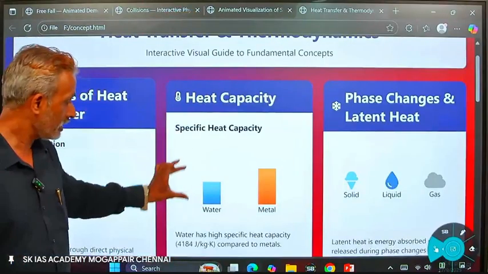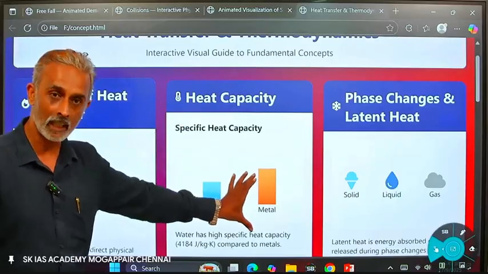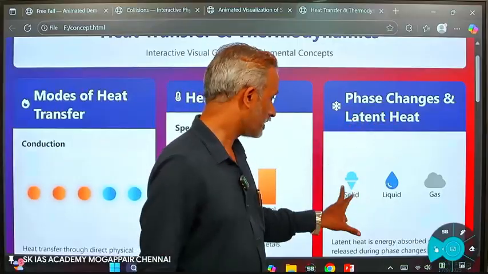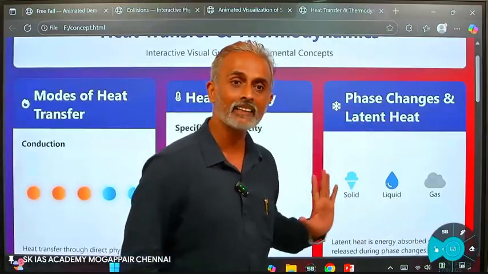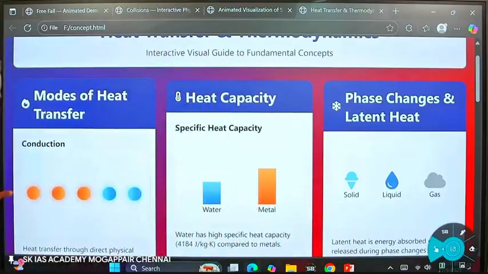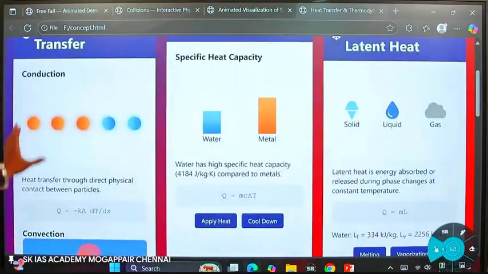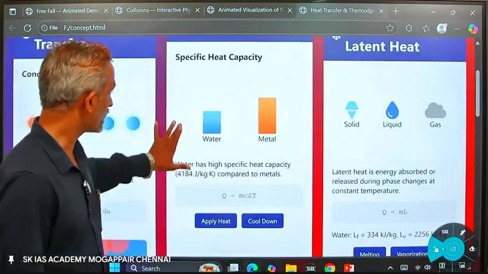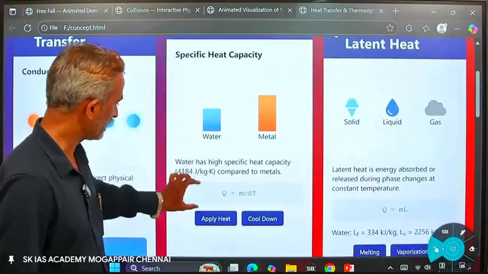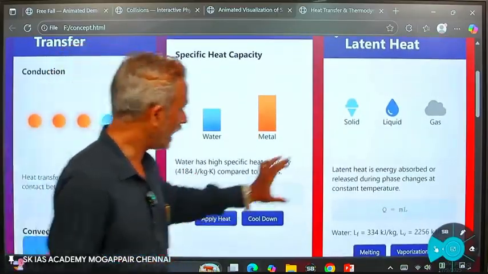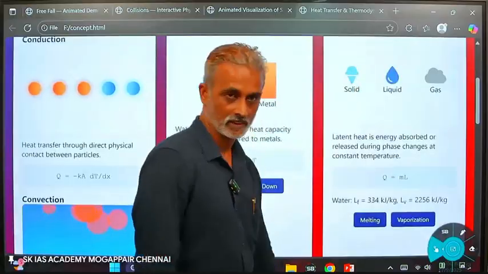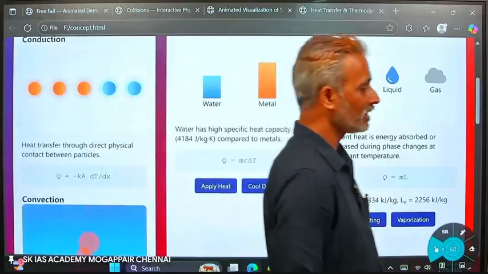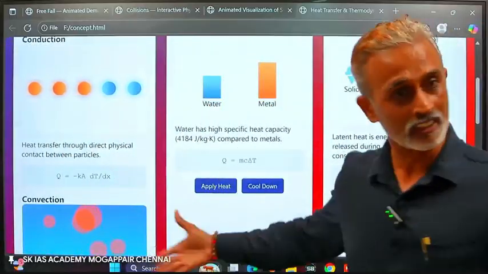This is specific heat capacity, and this is the phase change, latent heat, from solid to liquid to gas. Correct? Conduction, how does the conduction work? And specific heat capacity is mc delta T, and latent heat is this much. So don't go for this one; I will teach you all these things again.